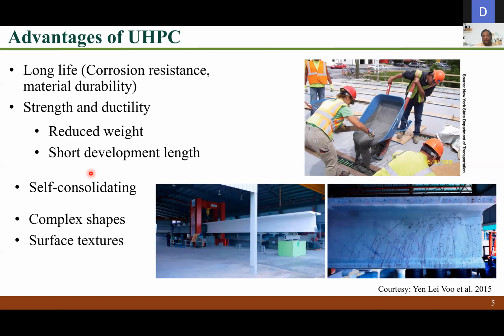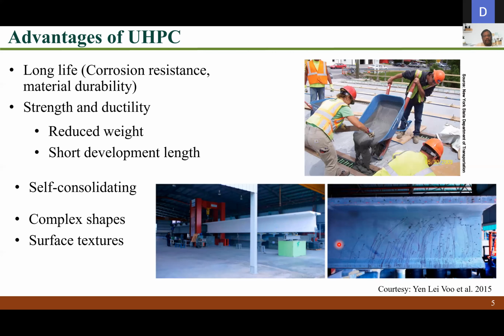And several tests have been conducted, especially for bridge girder applications, where you are going to have very high loads and we want to go for a very large span. Then this kind of UHPC based beam becomes very, very attractive. Already a lot of research has happened, and these are some of the references that you can look at.